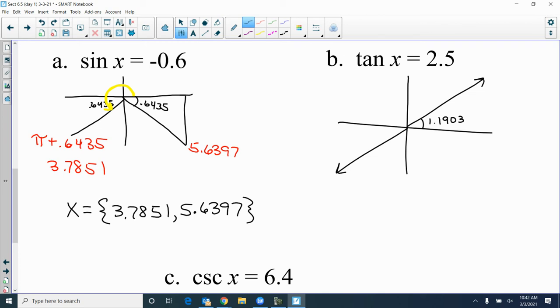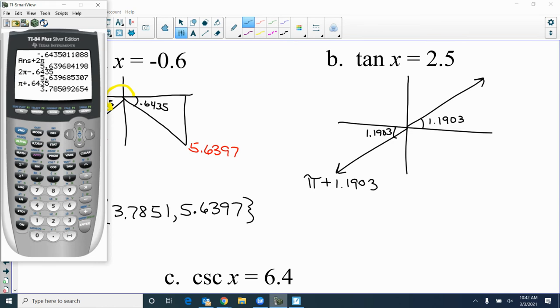Now it's positive in quadrant 3, so that needs to be 1.1903, and this angle will be pi plus 1.1903, which is 4.3319.